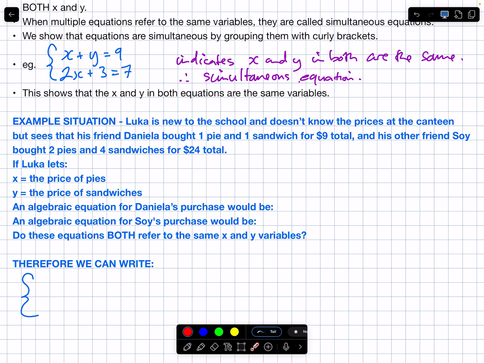All right, what's a situation that could involve simultaneous equations? Let's pretend Luca with a K is new to the school. He doesn't know the prices at the canteen and he's got crippling social anxiety. He doesn't want to go to the canteen.